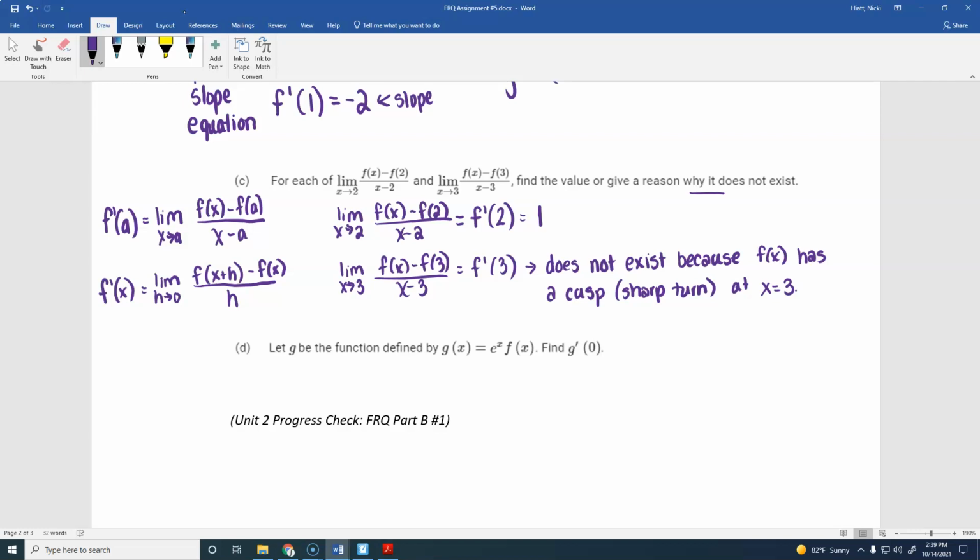I guess in this particular case, you could also say that f prime of x is undefined at x equals 3, because they do give you that graph and you've got both open circles, which means that would be undefined. So that would also be acceptable at that point.